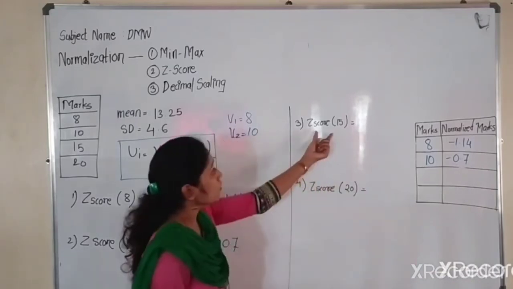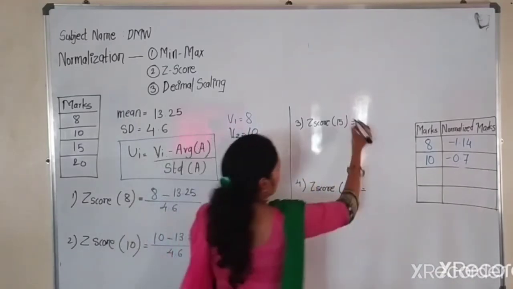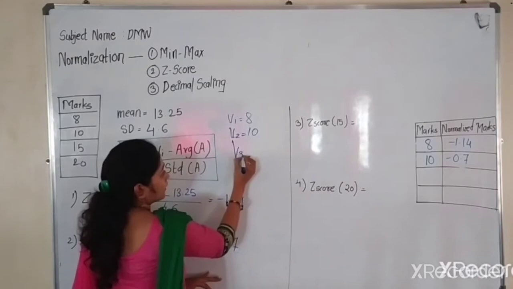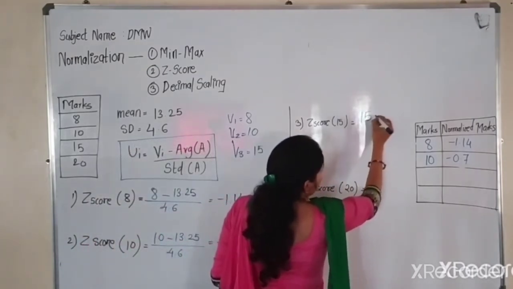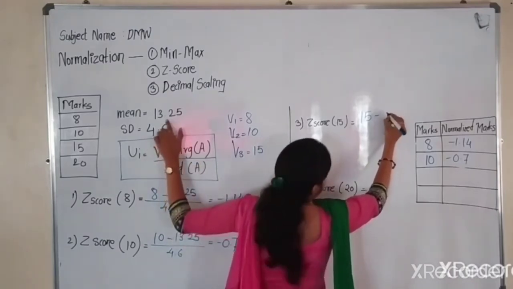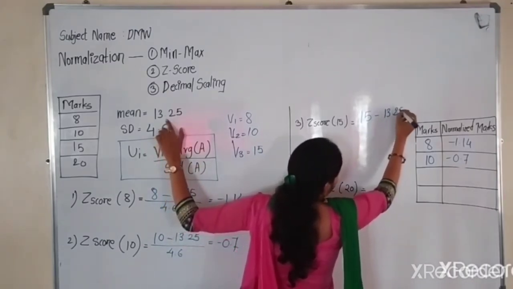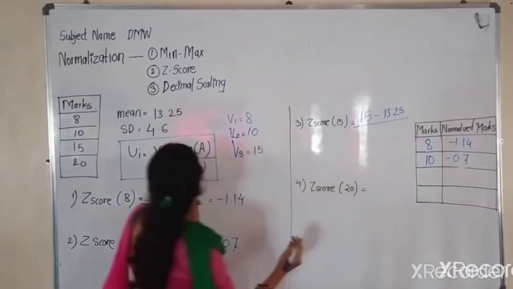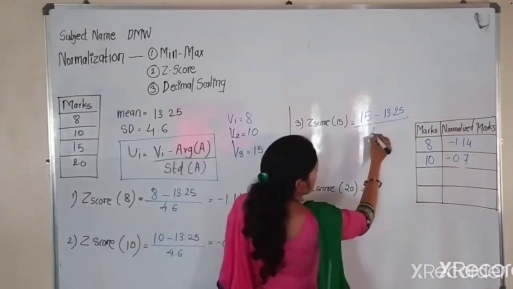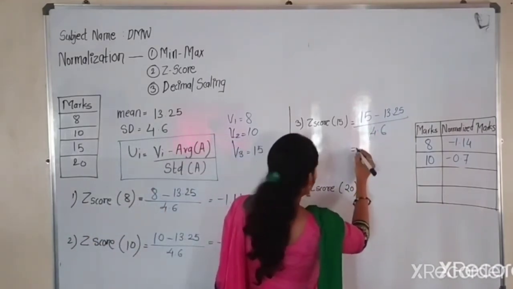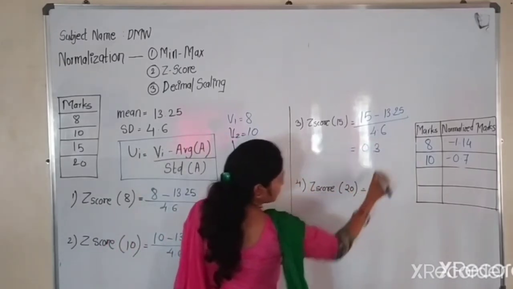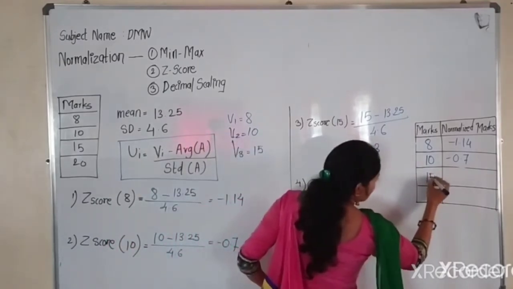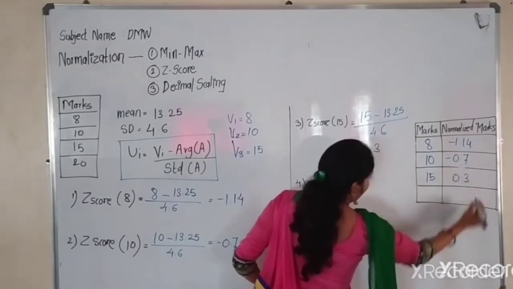The next value, Z-score of 15, we have to calculate. Here V3 is nothing but 15. So I am putting the formula: 15 minus, what is the mean? Mean is 13.25, divided by, what is the standard deviation? Standard deviation is 4.6. After calculation it is going to give 0.3. So this 15 is represented as 0.3.